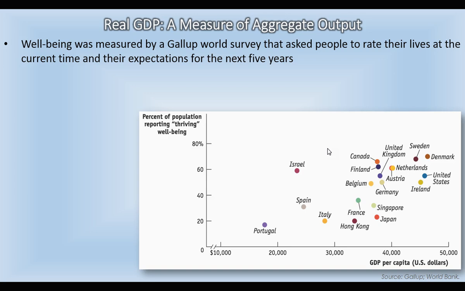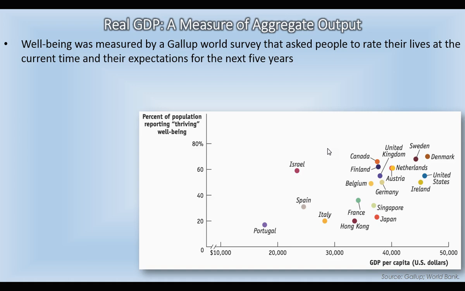So they ran a survey on what's called subjective well-being, in which people are asked how they feel about their overall lifestyle, how things are in your country, how happy you are. It's a bunch of questions. It's pretty thorough. And so it allows us to gauge how people feel overall in a country about their standard of living.